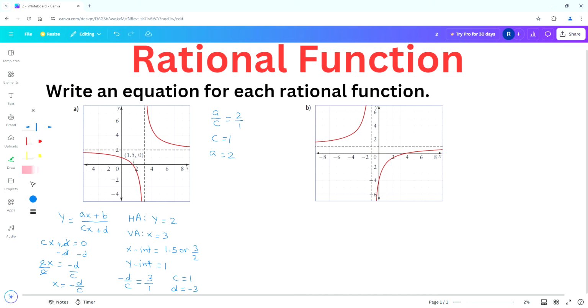Next, we can find the value of b by analyzing the x-intercept. We can find the x-intercept for the function from the equation by setting the numerator expression equal to 0 and solving for x.